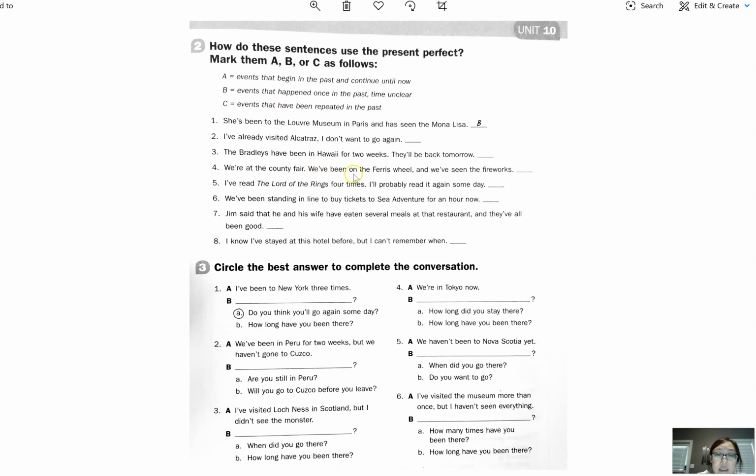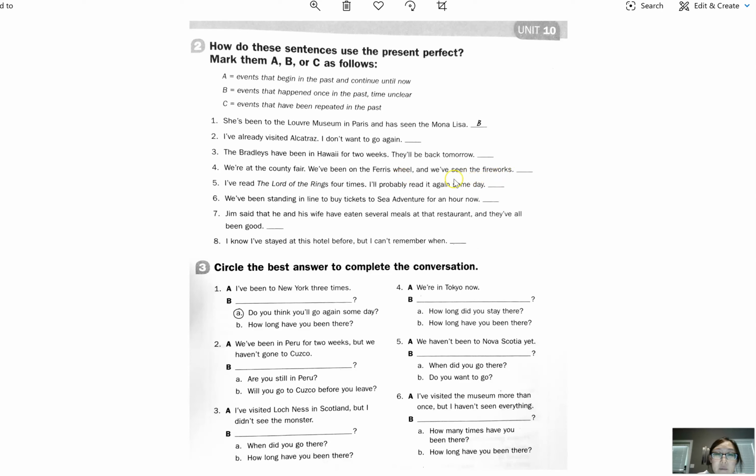But if you look at the next sentence, it says we've been on the Ferris wheel and we've seen the fireworks. That means they went on the Ferris wheel once already and they saw the fireworks once already. So these events happened in the past, but the time is unclear. It was sometime today, or if it's a 2-day fair, then maybe it happened yesterday. But anyway, this one is letter B.